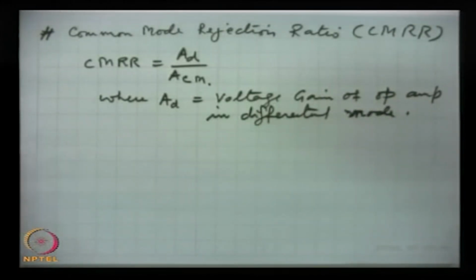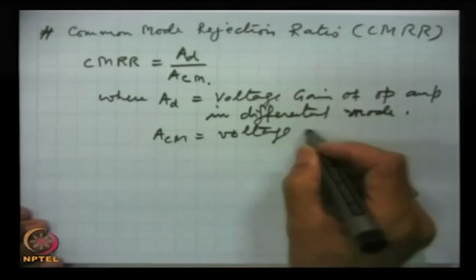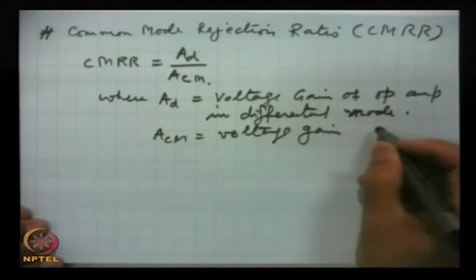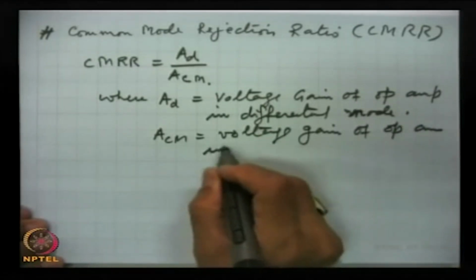We apply some difference voltage at the inputs, and we measure at the output. The ratio of the two will give the differential gain. We have talked about all this, and ACM is the voltage gain of the op amp in common mode.